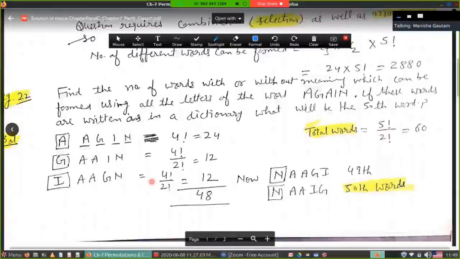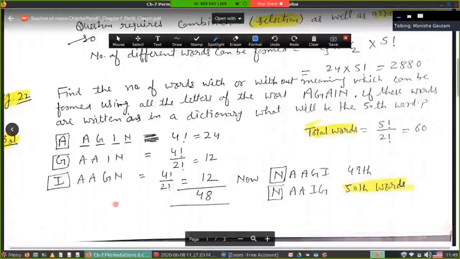Total letters are 5, and 5 factorial divided by the repetition of A 2 times, divided by 2 factorial. Total words can be formed by using this formula. This one you are getting 60. Out of 60, you are getting 48 up to I when you fixed.